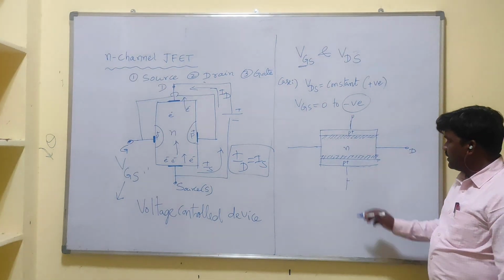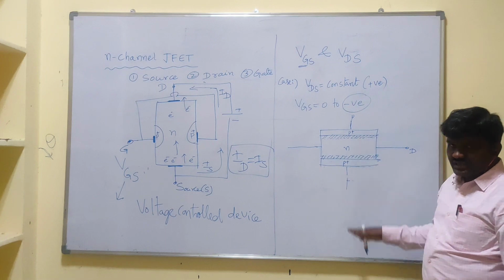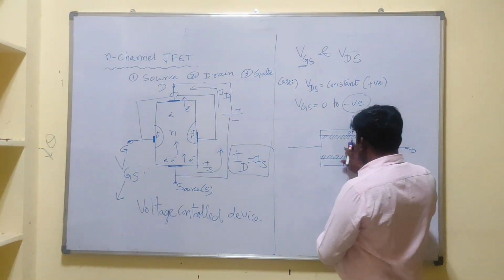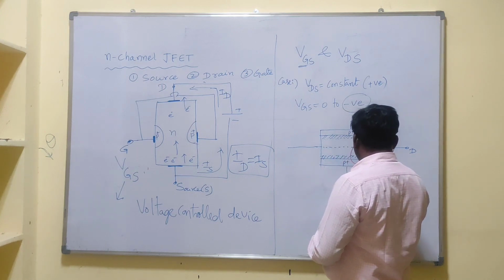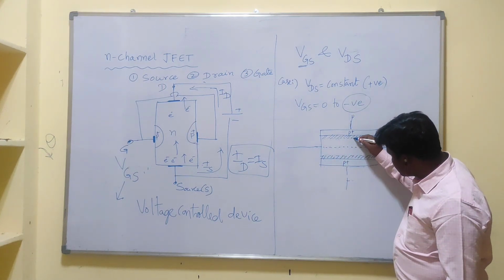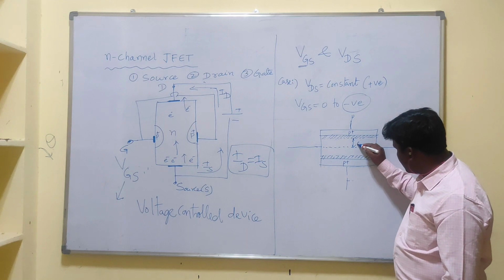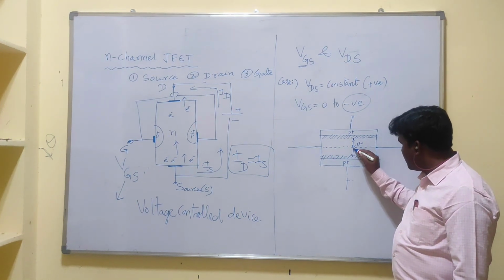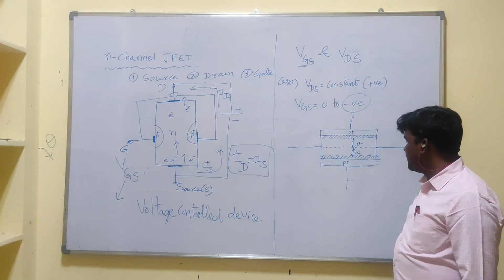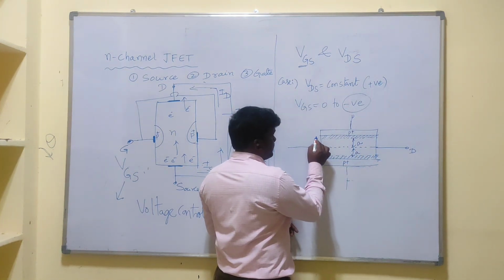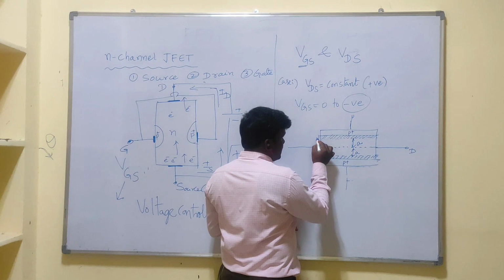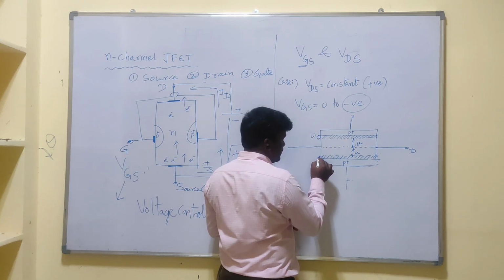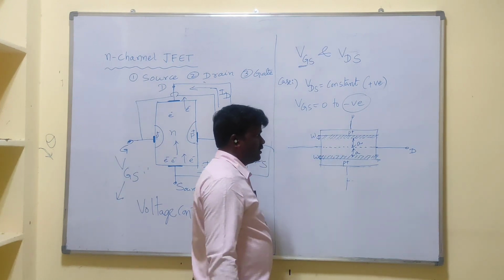Now if you increase the reverse bias voltage, then this width also increases. Let us take this is the center. Let us take this as A, the half width of the channel, and here also half width of the channel. Initially this one is W, and this one is W. This is the width of the depletion region.